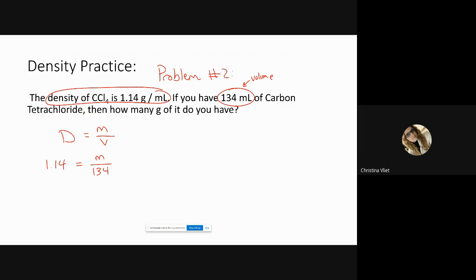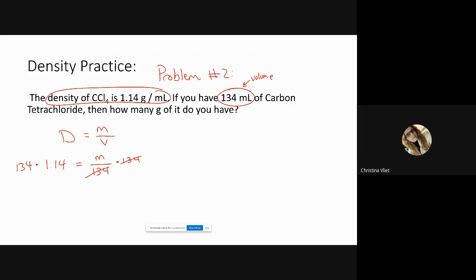Correct. So the idea is we want to solve for mass. So if this is a division, we have to do the opposite, which is a multiplication. Now we would multiply both sides by 134. And then it's just simply multiplying these two numbers. 134 times 1.14.